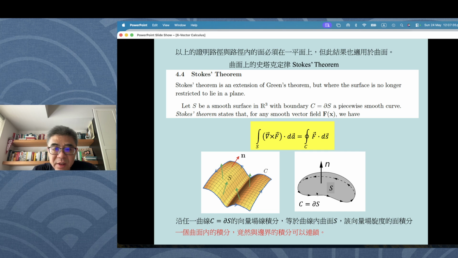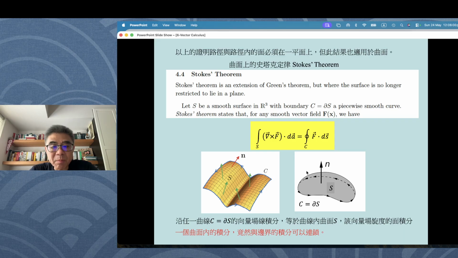It could be any curved surface. For example, on the left-hand side, we have a very, very curved surface. On the right-hand side is the same. The surface could be bulged up. So the surface could be any curved surface as long as it has a closed boundary. Then I can apply this Stokes theorem to it.